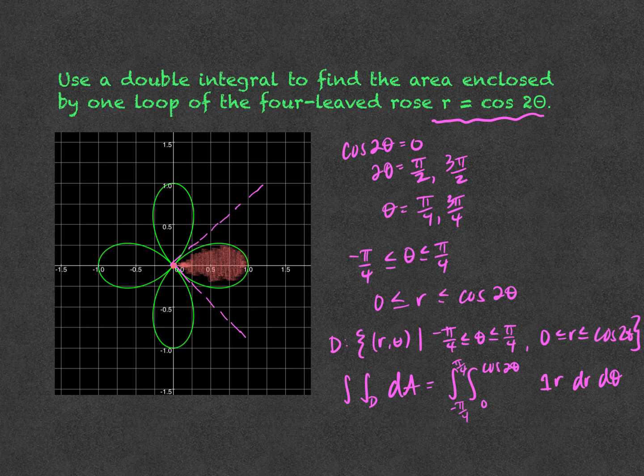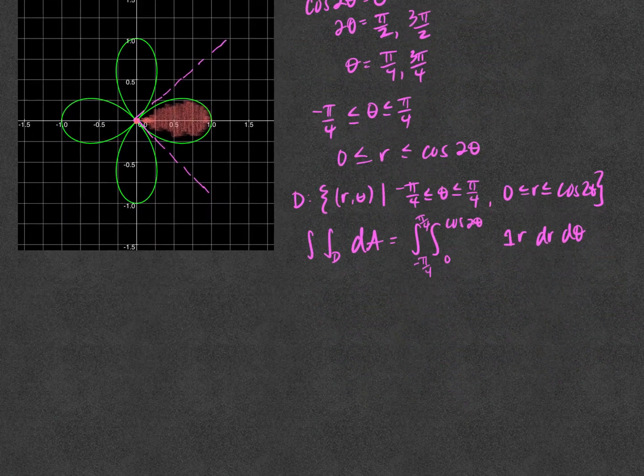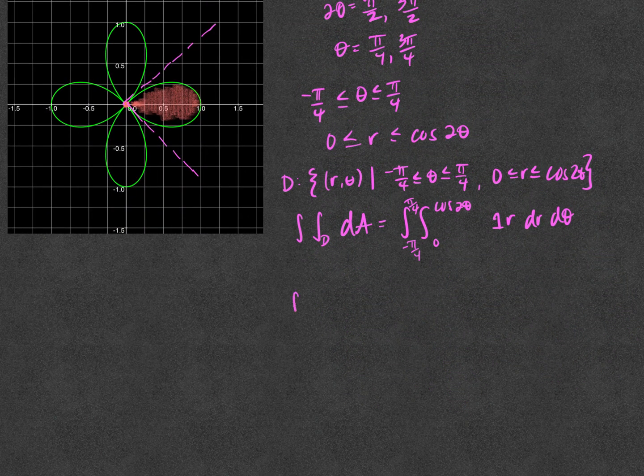So lots of times when you have h1 and h2 and you're using this with an equation in your bounds, you're going to use a 1 in your double integral. So we're going to say the integral from negative pi over 4 to positive pi over 4, and then I'm going to go ahead and integrate r to be 1/2 r squared from 0 to cosine of 2 theta, d theta.